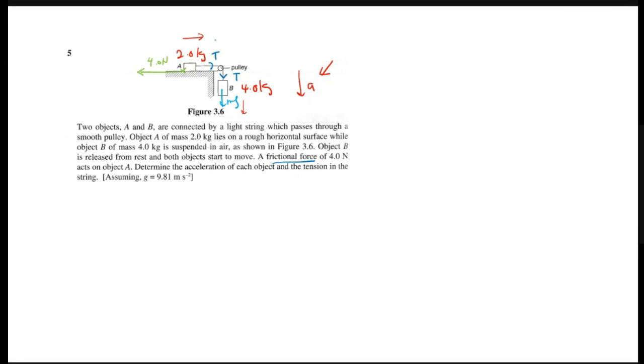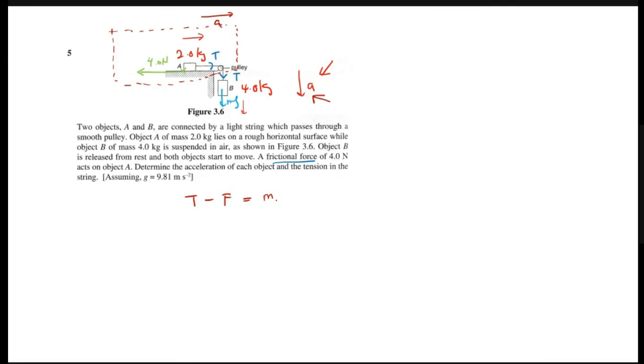Now, first of all, we focus on the top first, because we want to create simultaneous equations for A and B. For the first block on top, A is going to the right side, and anything going to the right side will be the positive direction. So T minus Fr equals m_A a.